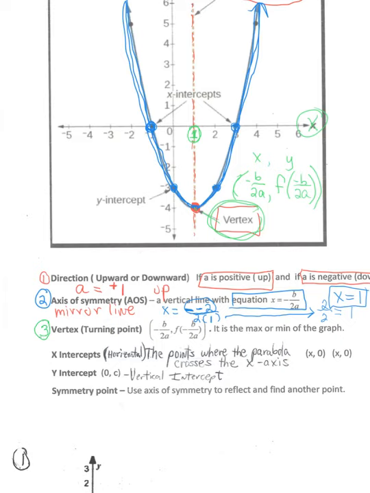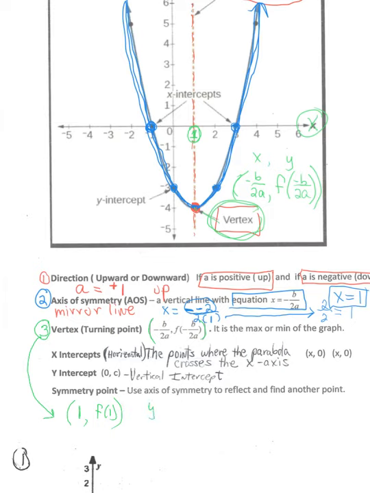Well, I'm going to bring it way down the bottom here because I don't have too much room, right? So we have negative b over 2a right here is 1. We just calculated it for the axis of symmetry. Now I have to substitute that 1 into the function.